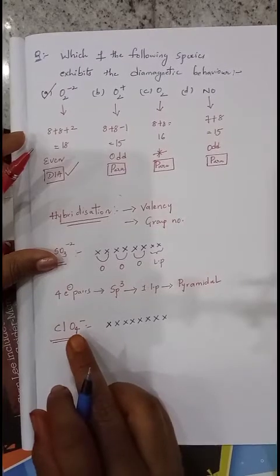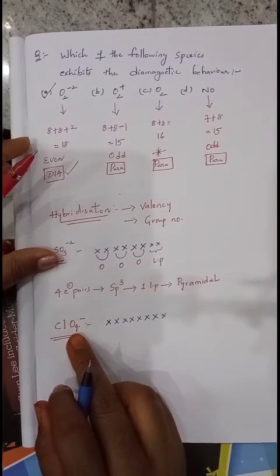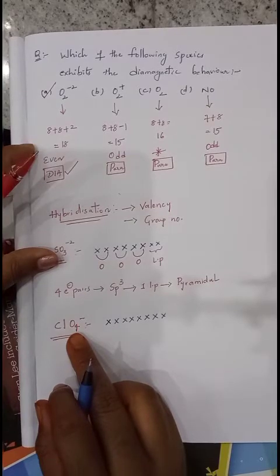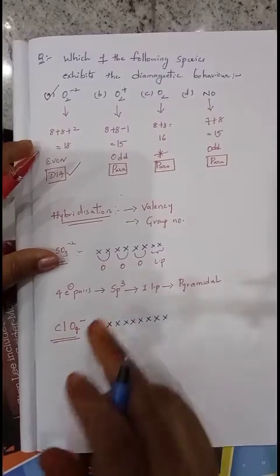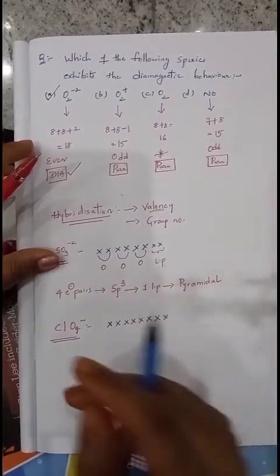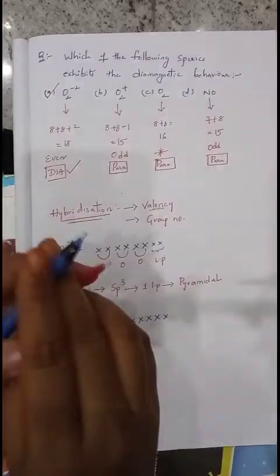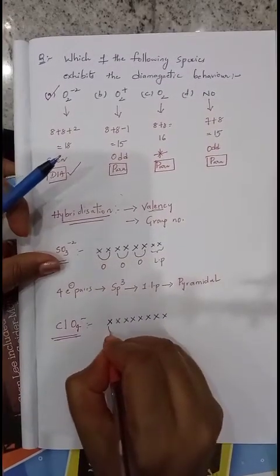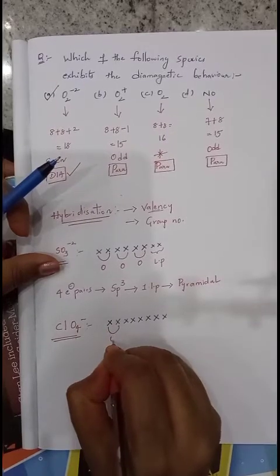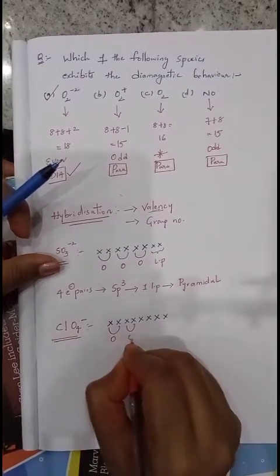Now total number of oxygen atoms present in this molecule is 4. Each oxygen atom valency is 2, that means it requires 2 electrons to satisfy its octet configuration. So the first 2 electrons are taken by the first oxygen atom. Next 2 electrons are taken by the second oxygen.